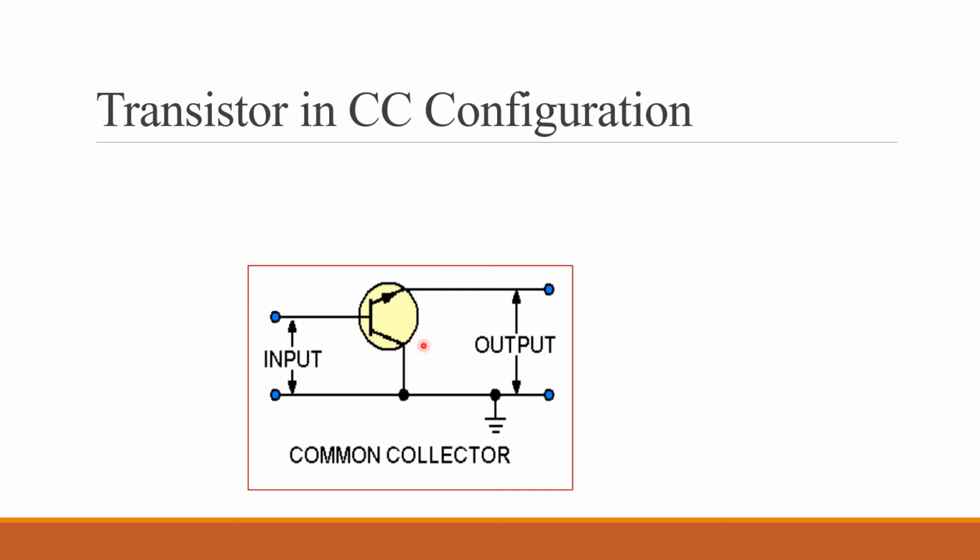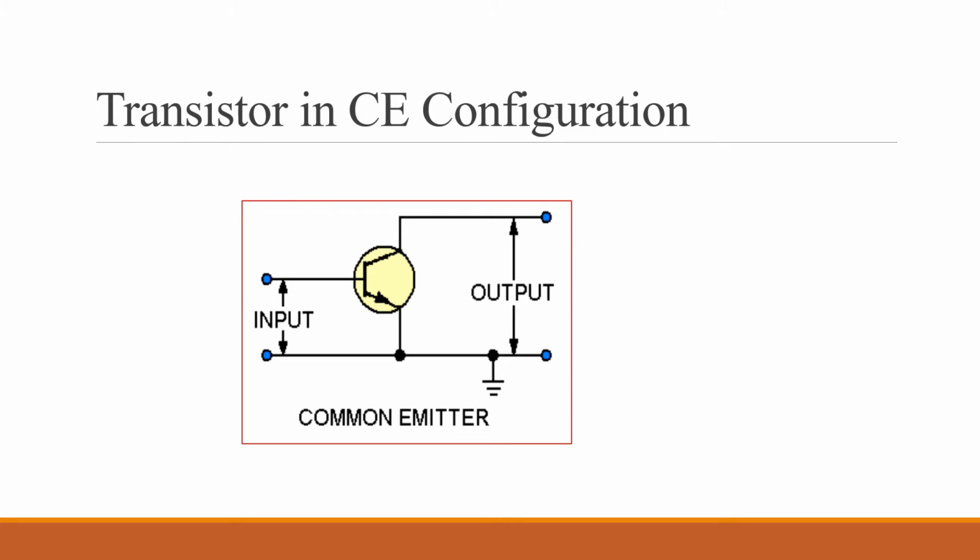Okay, the common line is connected to the collector. It has low output impedance for high input impedance, and the gain for this configuration is very good as compared to that of CB configuration.